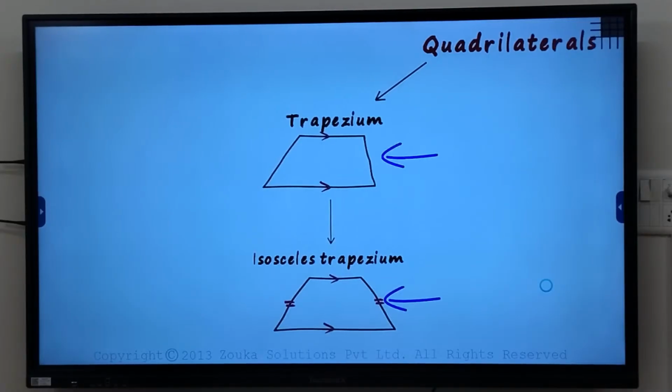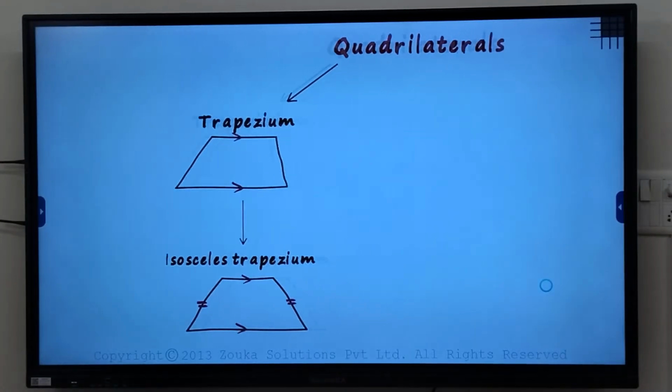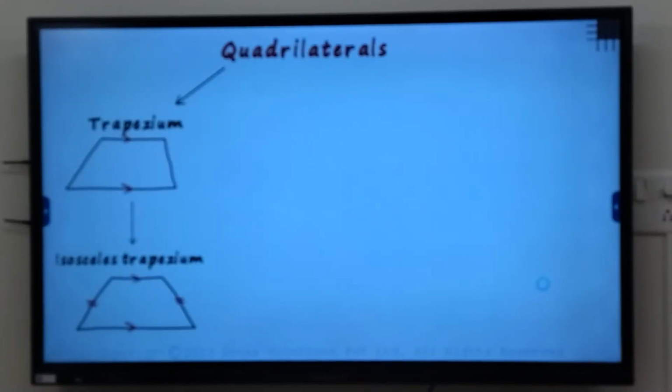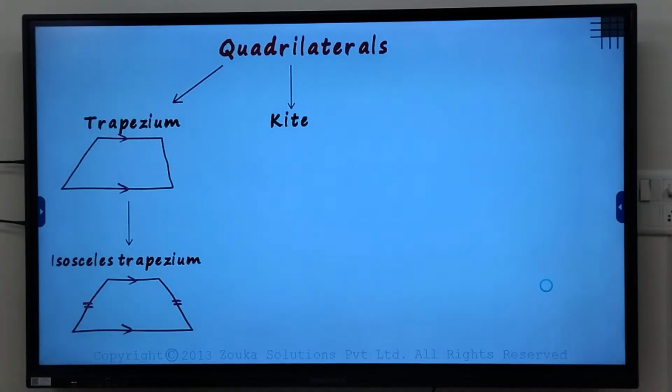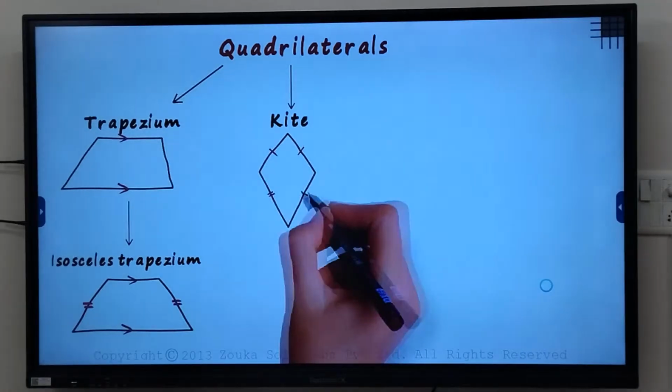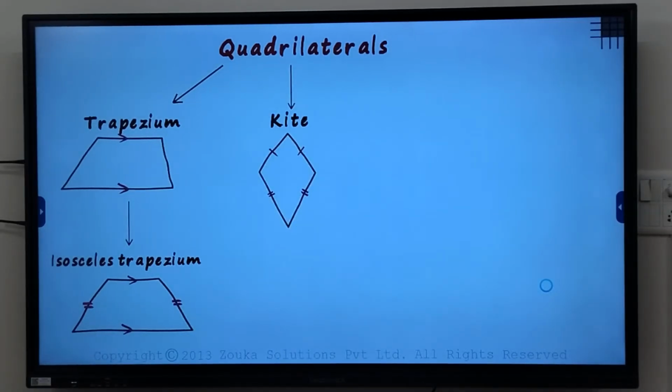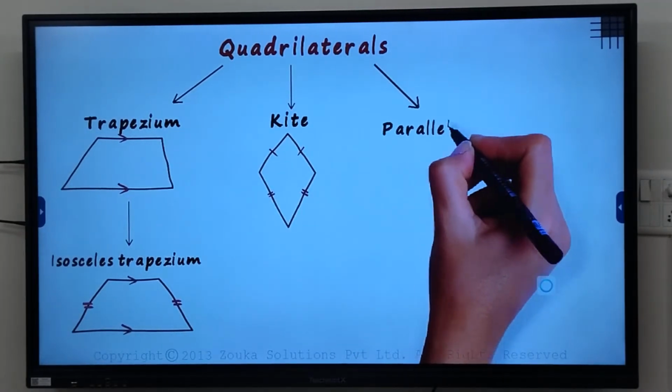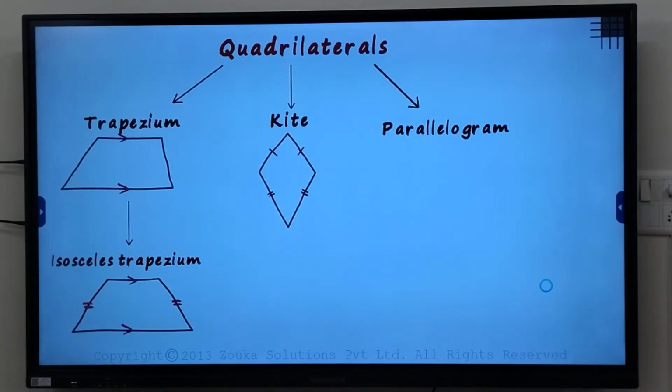Now that completes two types of quadrilaterals we have seen previously. The next kind of quadrilateral we saw was a kite. Well, it looks like a kite. It has two pairs of equal adjacent sides. This side is equal to this side, and this side is equal to this side. And its opposite sides are unequal. Then we come to a parallelogram, which has many special cases.